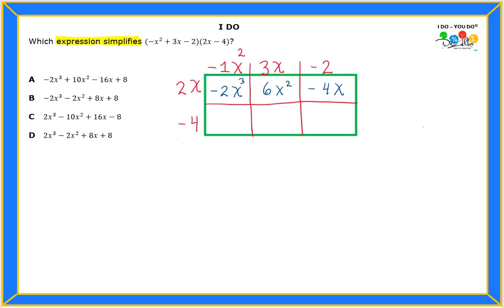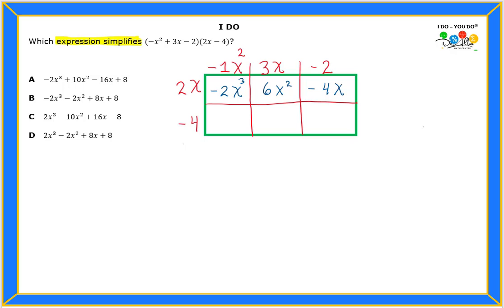I'm going to multiply now negative 4 by each one of the terms on the length, which is the one above. Notice how in this problem, I never multiply negative 4 times 2x, right? So that's one of the things that I like about the rectangle, that it can really help me avoid getting confused when I'm multiplying. Let's do it. So multiply negative 4 times a negative 1.